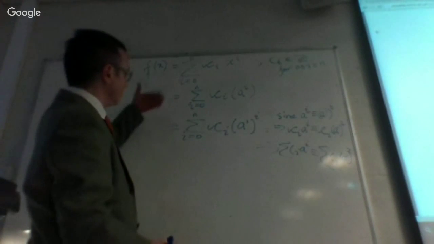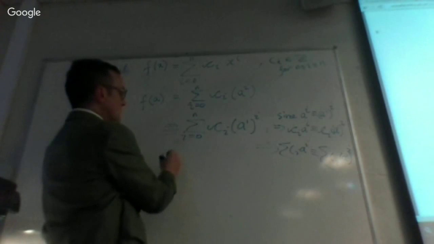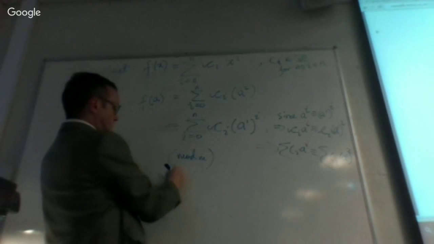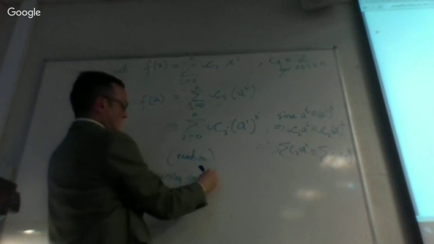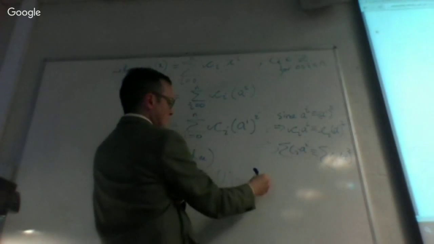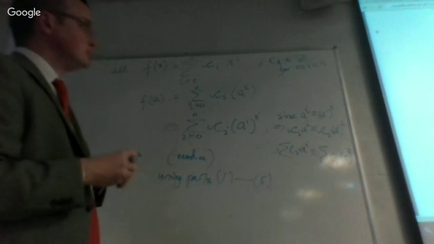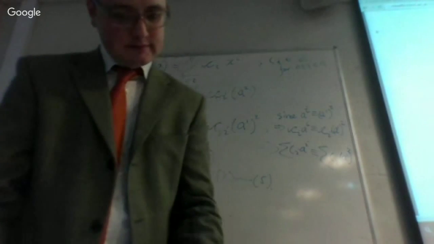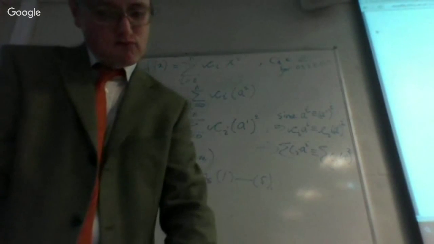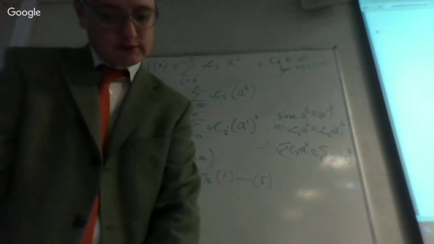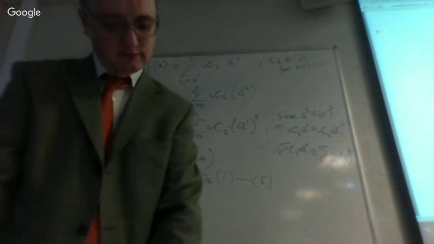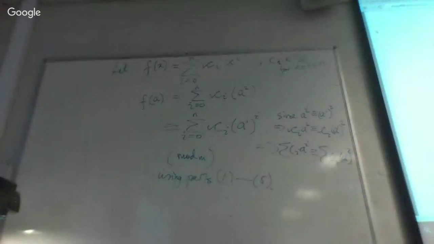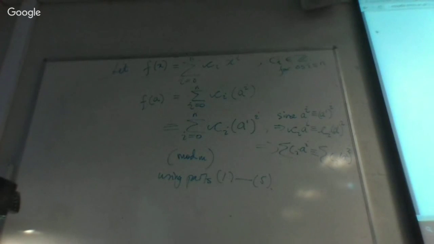So we can just quote it in one step: congruent to this modulo n using parts 1 to 5. So that tells us now that polynomials fit well with the congruence relation. Okay?